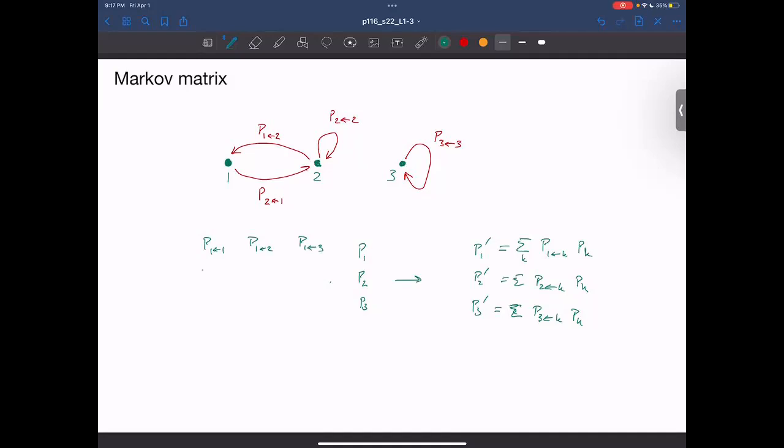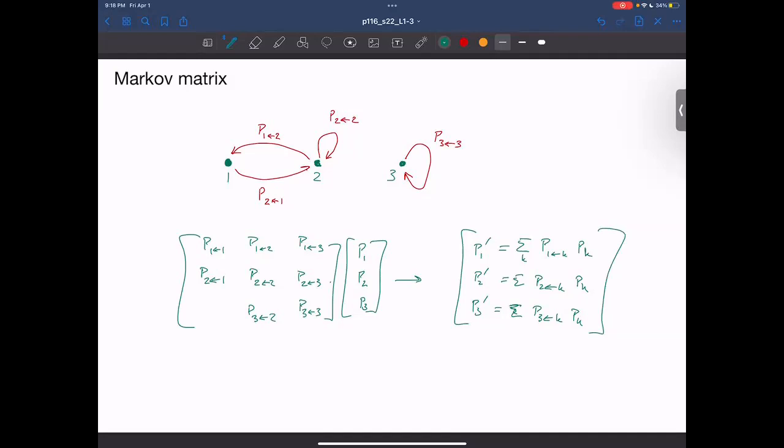Then we continue, P 2, P 3, 3, P 3, etc. That'll give us the correct output. So this is just one way you can think of what a Markov transition matrix is, and matrix multiplication. Okay, these things are all just fine.